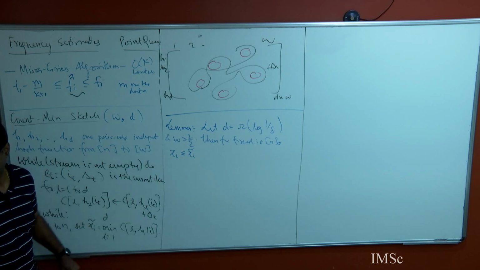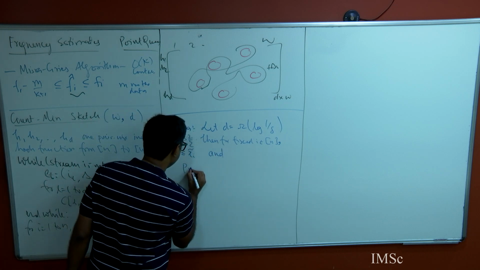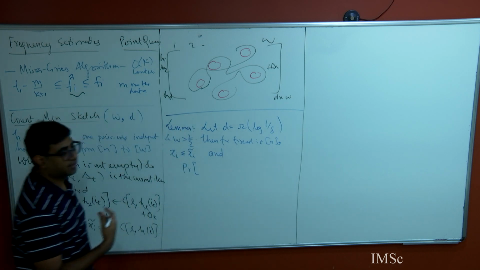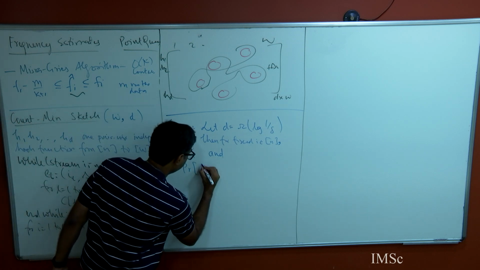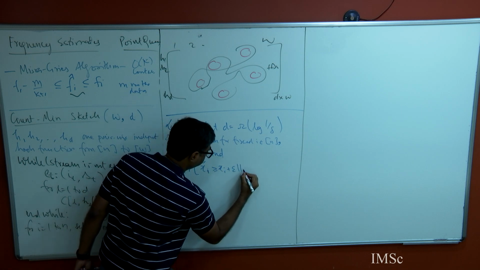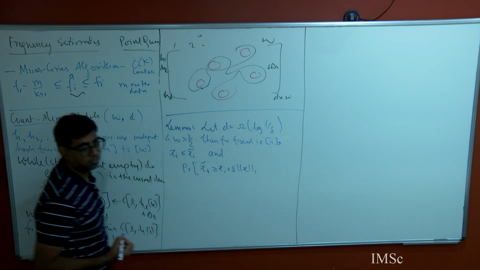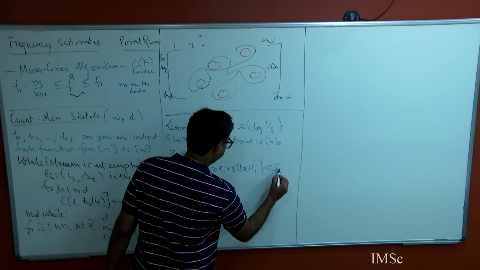So this is correct. And we proved that the probability that x_i tilde is greater than or equal to x_i plus epsilon times the 1-norm of x is less than delta.